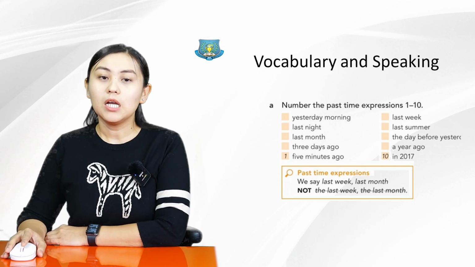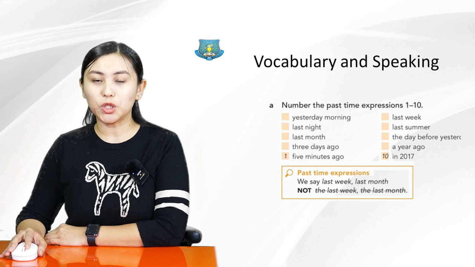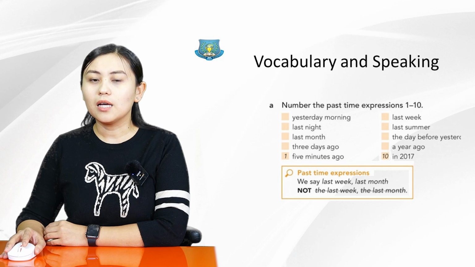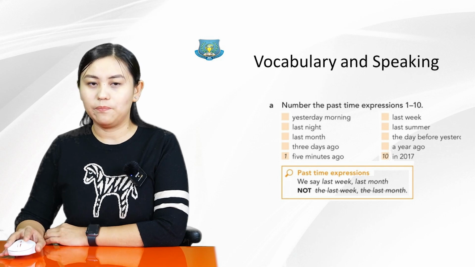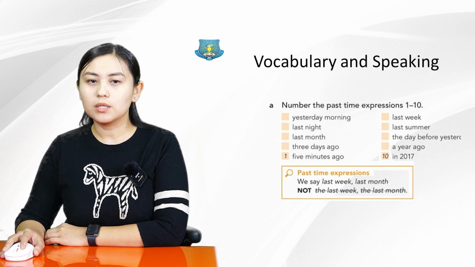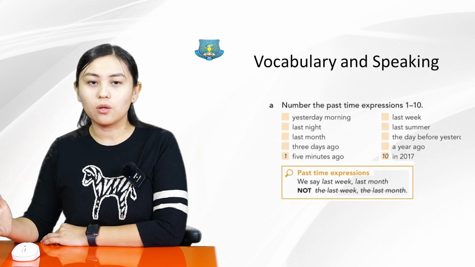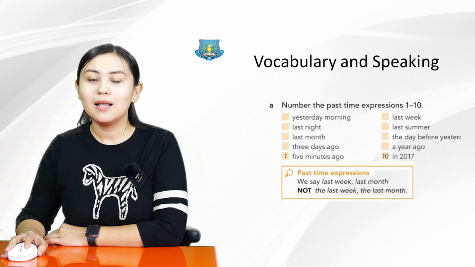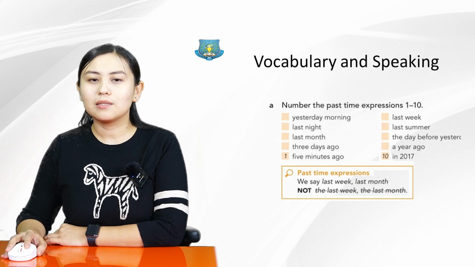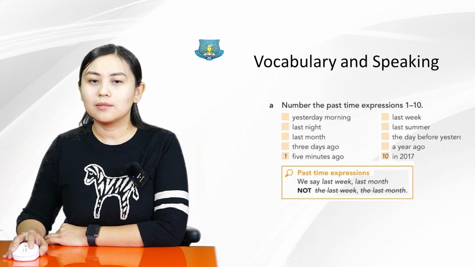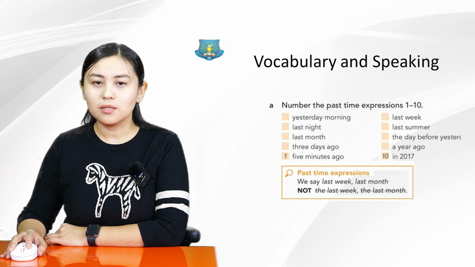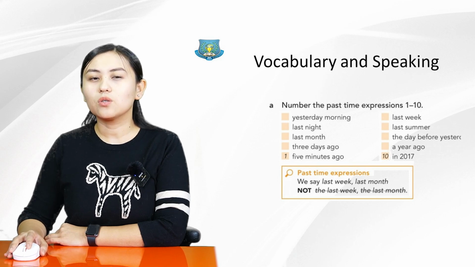This is the example. So here, for example, 5 minutes ago, and the last one, in 2017. Please put these expressions in chronological order: yesterday morning, last night, last month, 3 days ago, 5 minutes ago, last week, last summer, the day before yesterday, a year ago, in 2017.